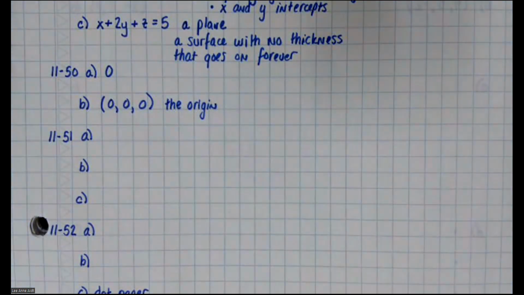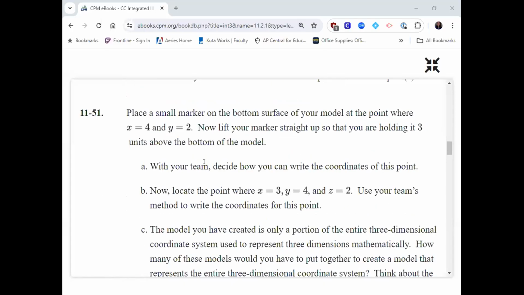Okay, 51. Place a small marker. Don't really make a mark. Just take your pencil and on the bottom surface of your model at the point where x is 4 and y is 2. Now lift your marker straight up so that you're holding it 3 units above the bottom of the model.